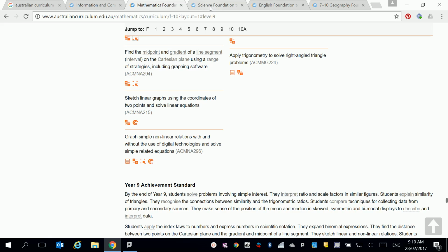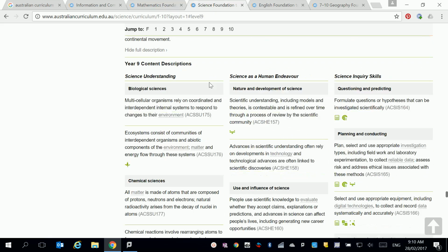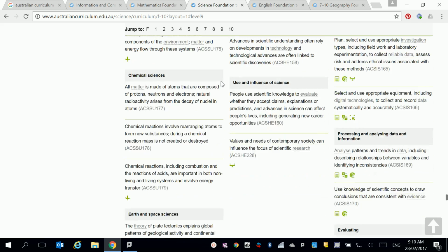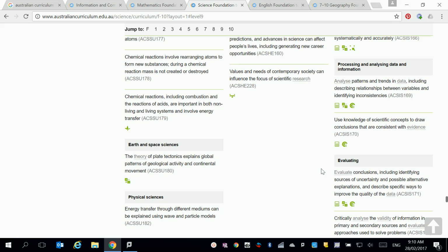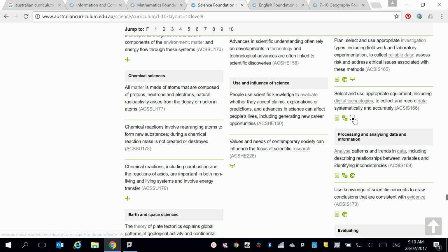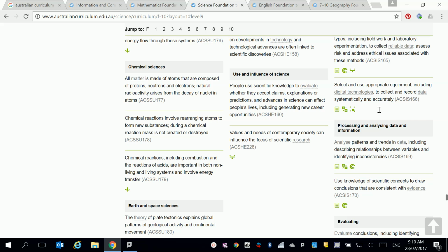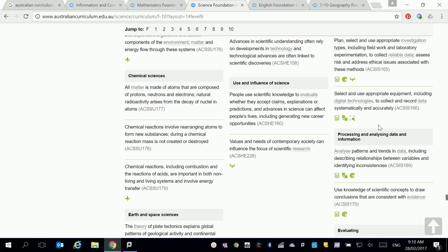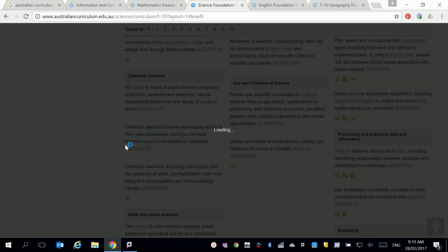If I go to science, and again I'm looking for that ICT icon. So select and use appropriate equipment including digital technology, so it's no surprise that there's an ICT capability.